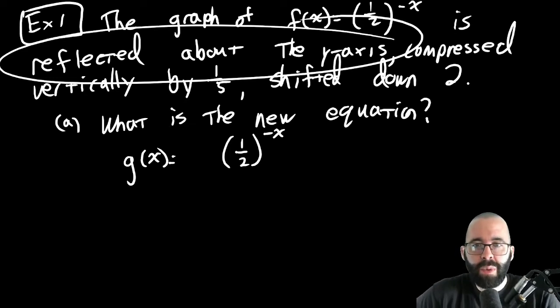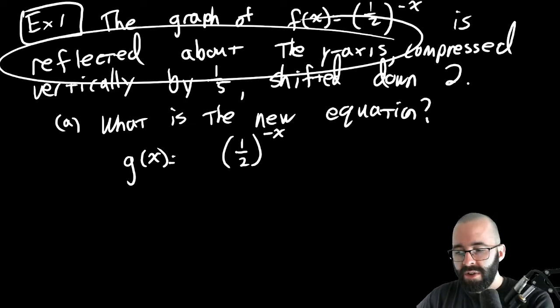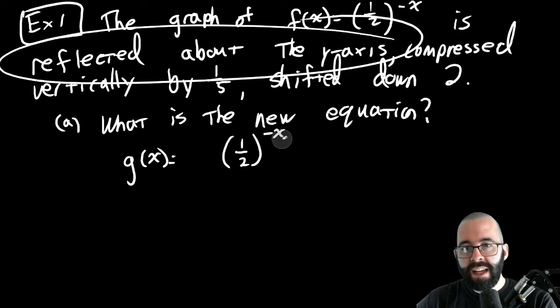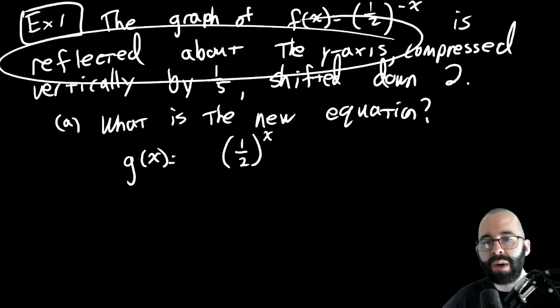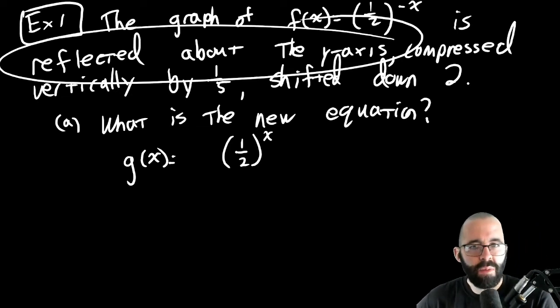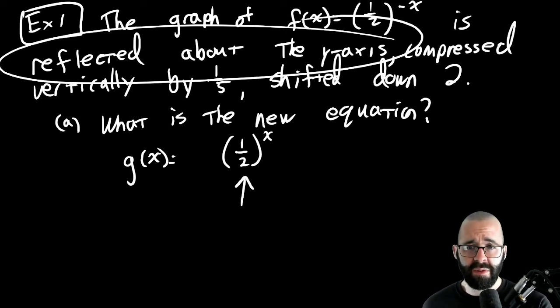The inside is always where x is. So we're putting a negative right here. This becomes positive x. When we say inside of the function, that means where x is. A lot of times it's inside parentheses, but here it's not. Watch out for that. Again, if you make your b value negative, you run into some real wacky stuff.